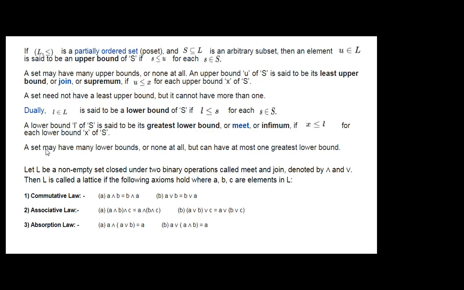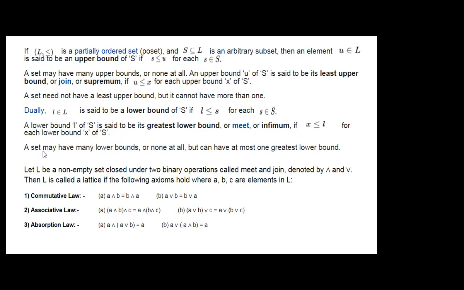Then a lower bound L of S is said to be the greatest lower bound, or meet, or infimum, if X is less than or equal to L for each lower bound X of S. The statement is somewhat confusing: X is smaller than or equal to L, for each lower bound X of S. A set may have many lower bounds or none at all, but can have at most one greatest lower bound.